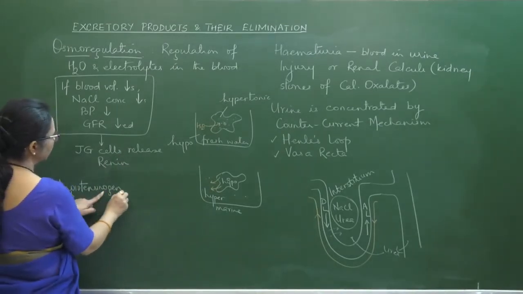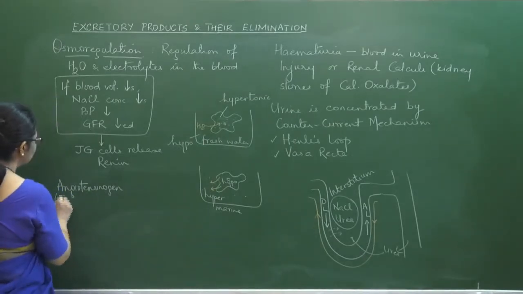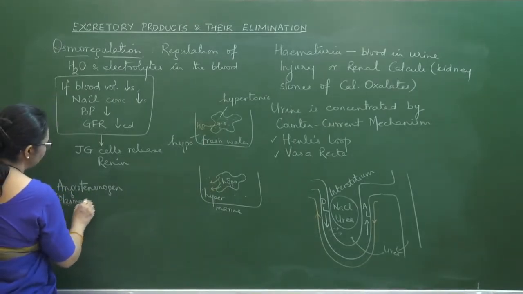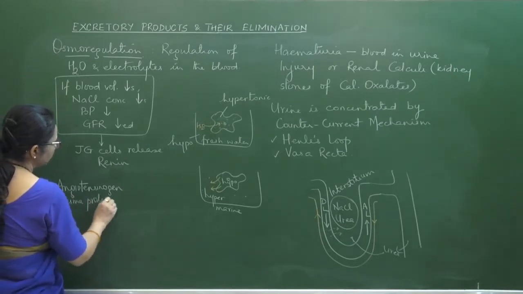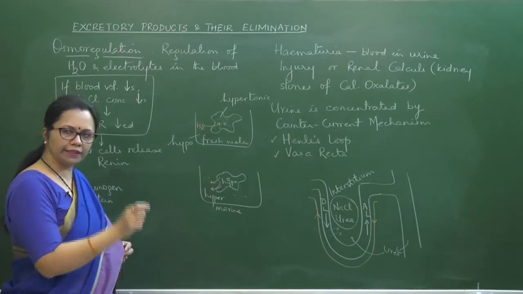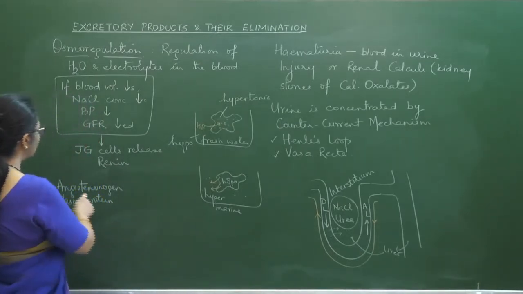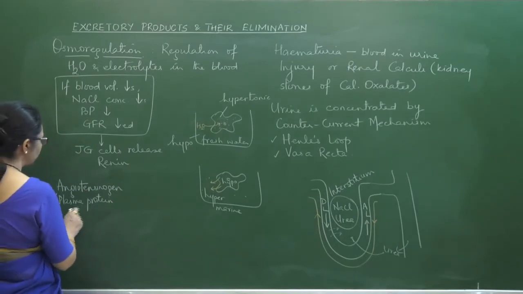You once again see it's ending in ogen, so it is inactive. This is present in our blood always. It's a plasma protein, and if it is a plasma protein, its source is liver, because all the plasma proteins except the antibodies are synthesized and secreted by liver. So angiotensinogen is a plasma protein from liver.